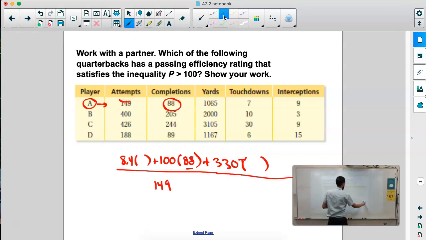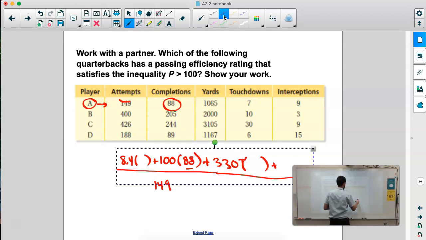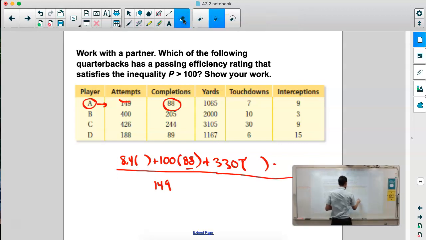Parentheses. I think the last one is minus 200. Okay, so 149 attempts, 88 completions. Yards is 1,065. That goes right here. Touchdowns is 7, and interceptions is 9.